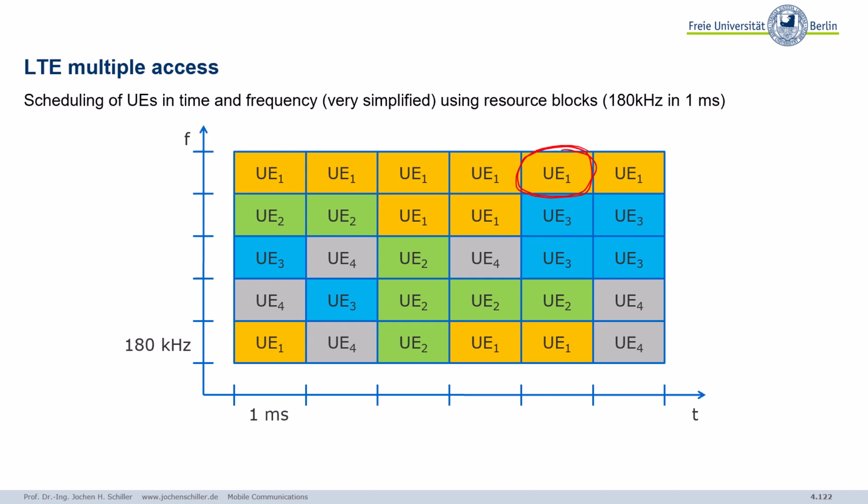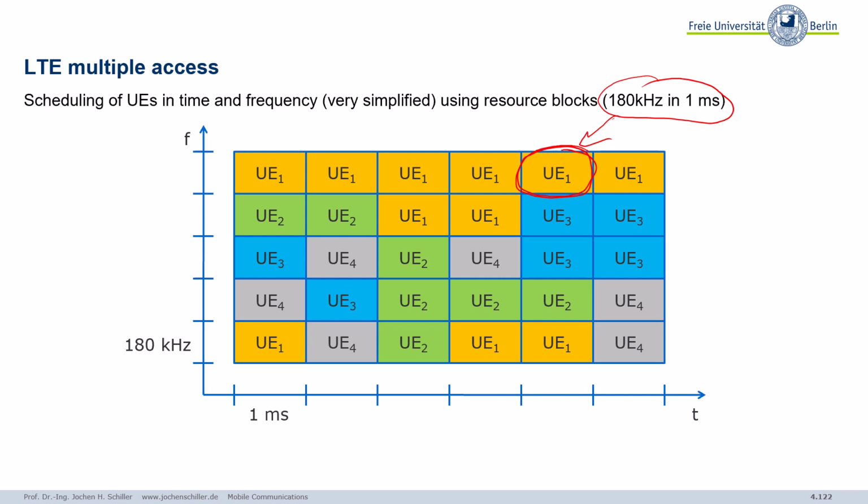These are the slots in our radio frames, not 10 milliseconds, now 1 millisecond. For 1 millisecond, we can assign a certain part of the spectrum to users, here shown for a single device. So 180 kilohertz for 1 millisecond. That's a resource block. We can do a lot more inside these blocks, but we'll skip this.